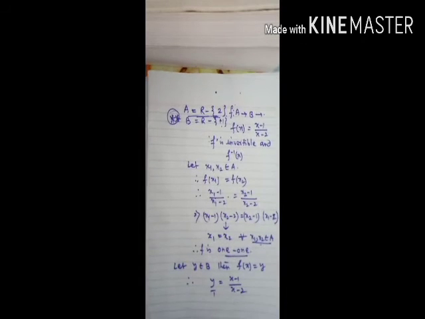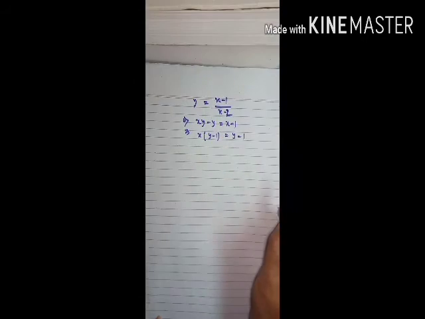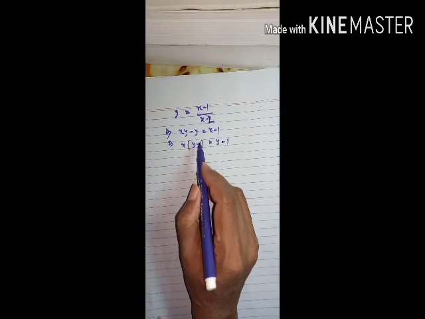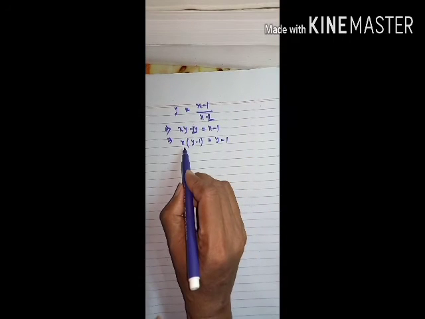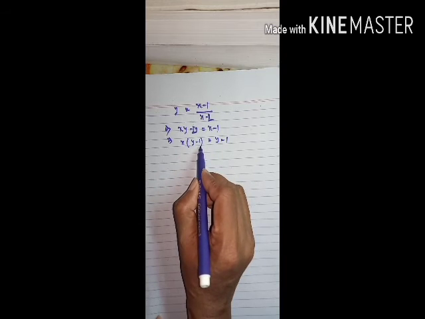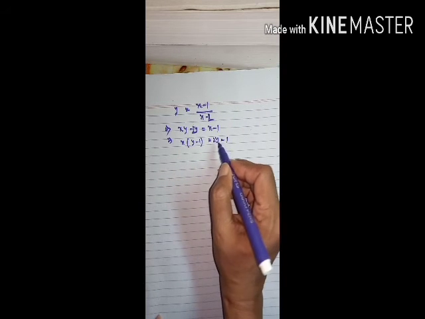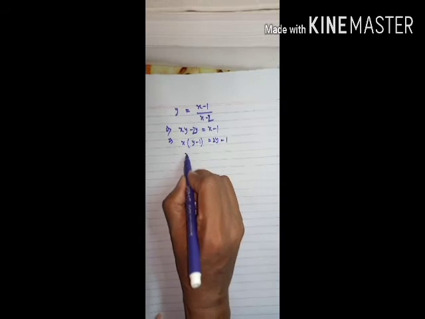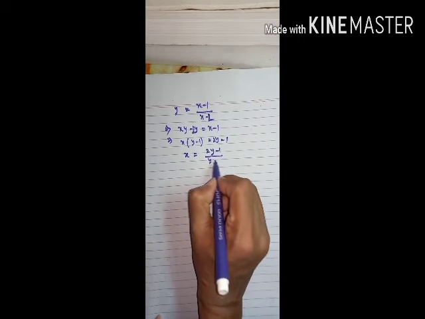Sorry, (x minus 1) by (x minus 2) is there, by mistake I wrote x minus 1, so this is 2. So xy minus 2y equal to x minus 1, so x common, (y minus 1) equal to 2y minus 1. So x equal to (2y minus 1) by (y minus 1).